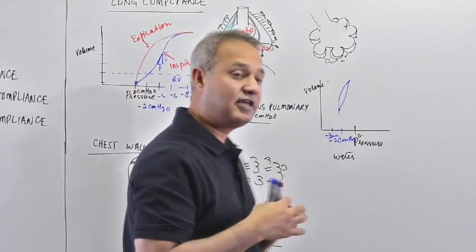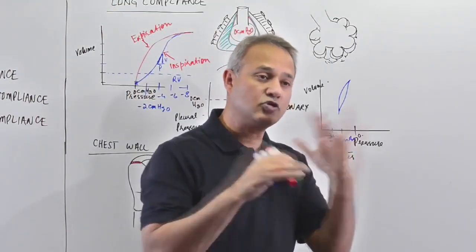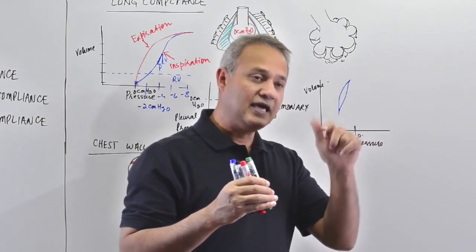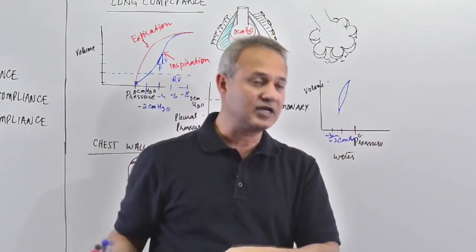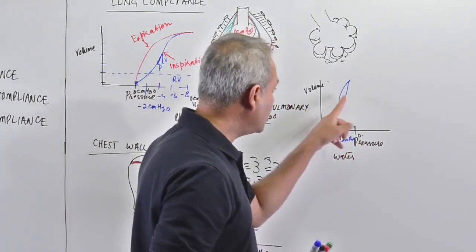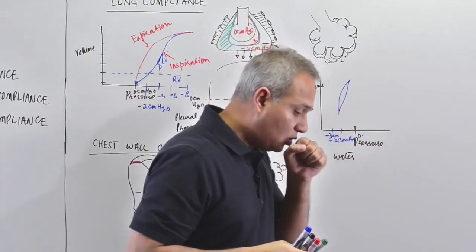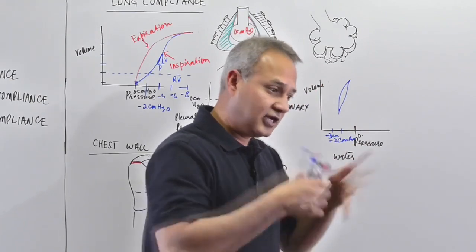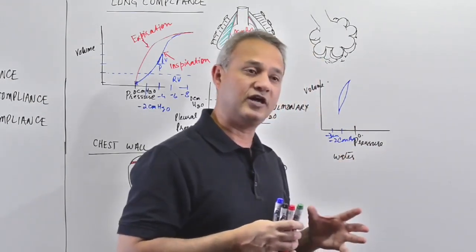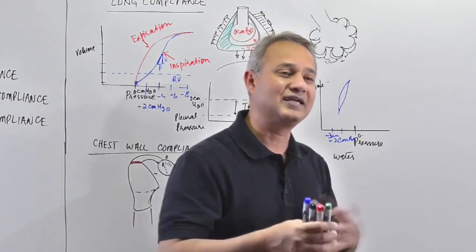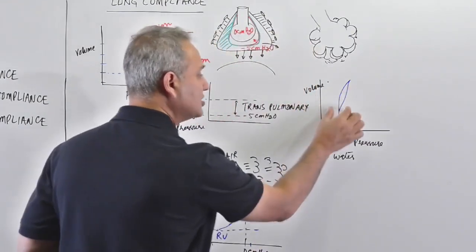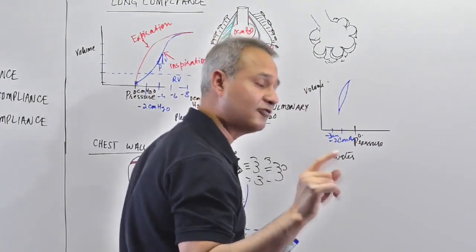So if they're filled with water, 2/3 of the recoil is gone. That 2/3 of the recoil was because of the air-fluid interface. We did a separate lecture about it. That causes it to collapse. Now when the water is filled in, you pump some more water, lungs just open up very fast. You take the water out, lungs collapse very fast. So they become more compliant. They're easy to fill and easy to empty. So that is what happens when there is no air-fluid interface.